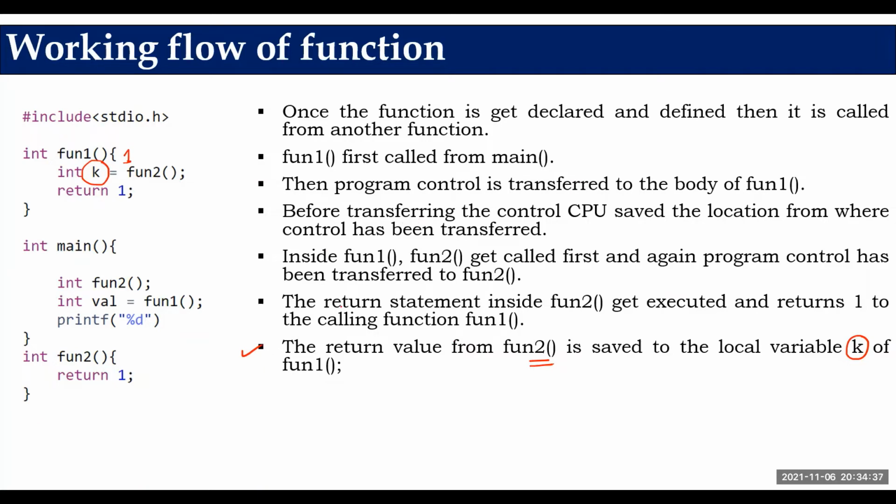The most important point: the type of value we are returning from fun2 and the return type of the function in the header should be the same, and the calling function should have a local variable of the same type which can save the return value. Fun1 is the calling function. So this should be the similarity.